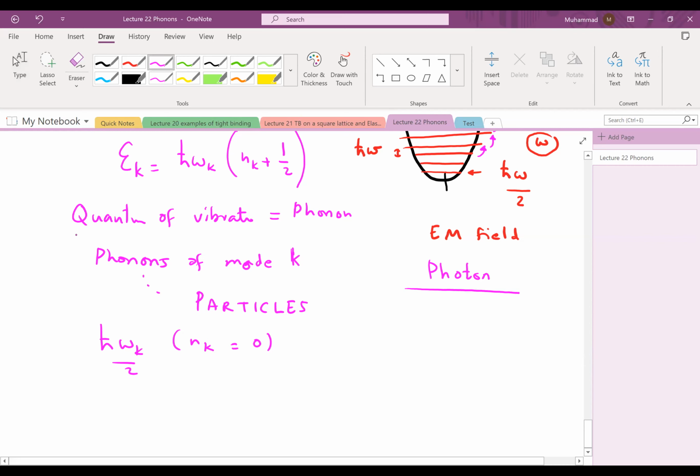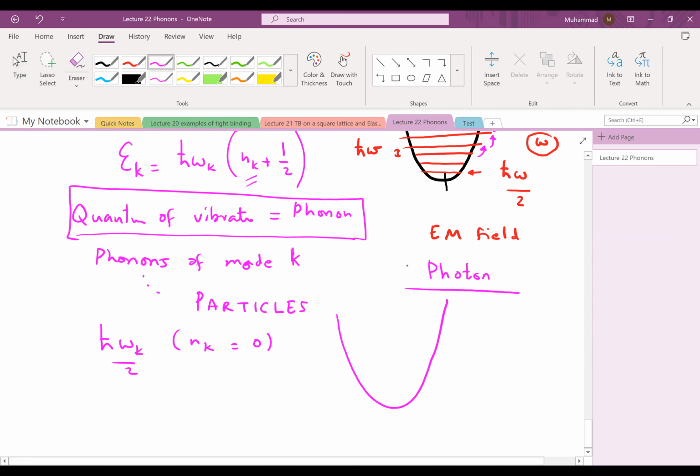A phonon is a quantum of vibration, and it represents an oscillation mode of frequency omega k and wave number k, and you can excite more and more phonons into the system, which means that you are really incrementing the value of nk.